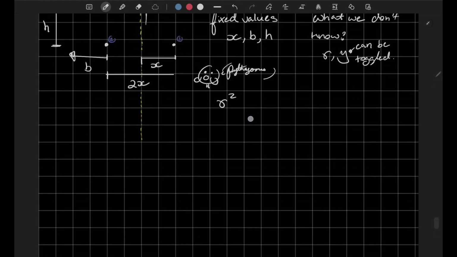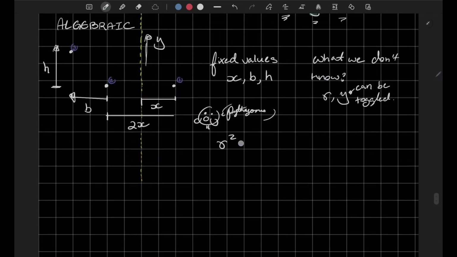Beautiful. Okay. So Pythagoras, if we're looking at points 1 and 2 to wherever our center is, what is r squared going to be?